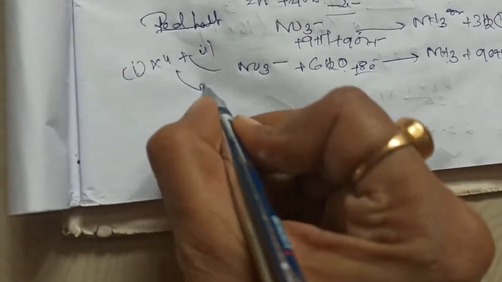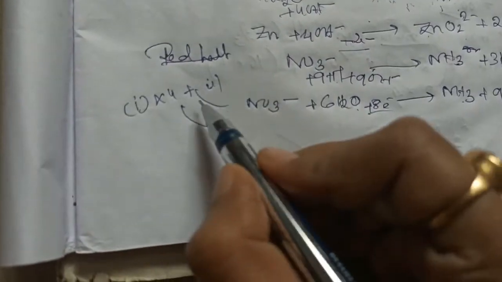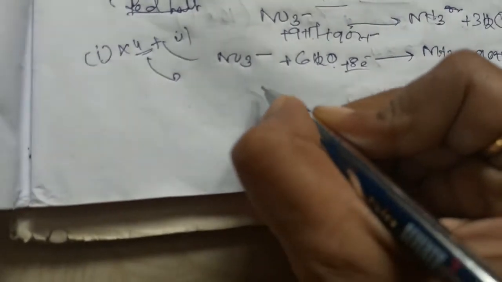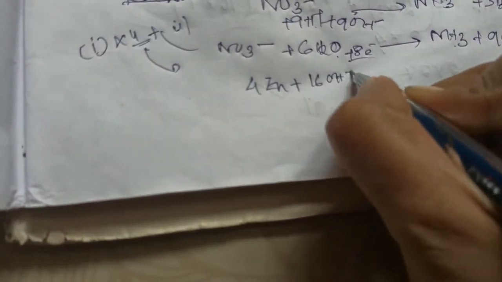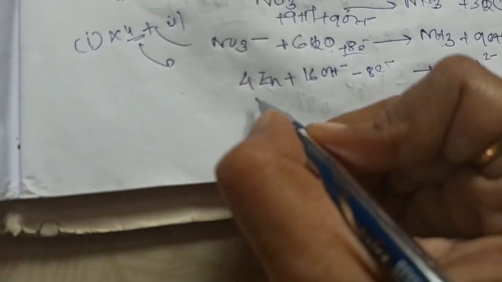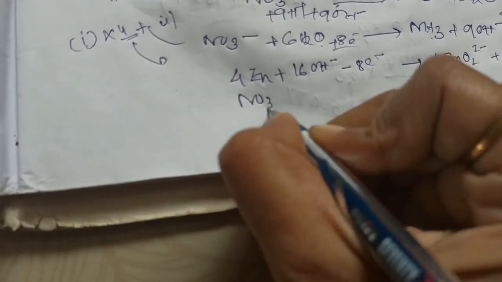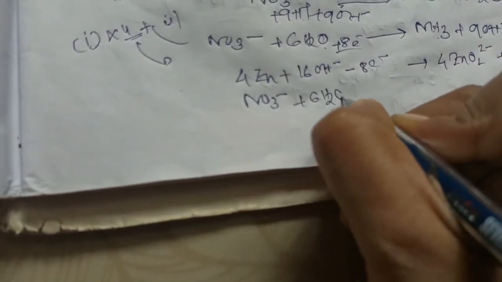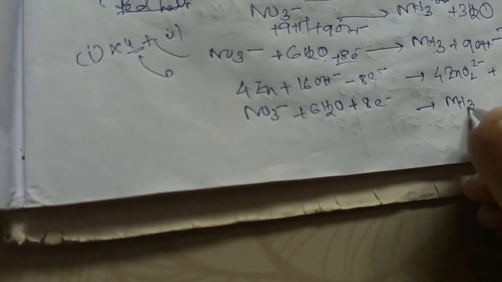Now by multiplying by 4, it will be 4Zn plus 16OH minus gives 4ZnO2 2 minus plus 8H2O plus 8 electrons. Here NO3 minus plus 6H2O plus 8 electrons gives NH3 plus 9OH minus.